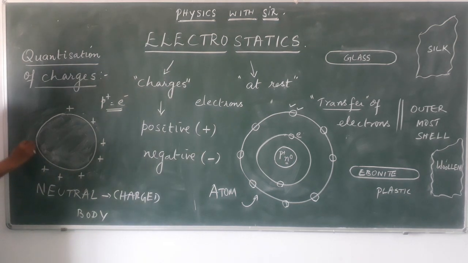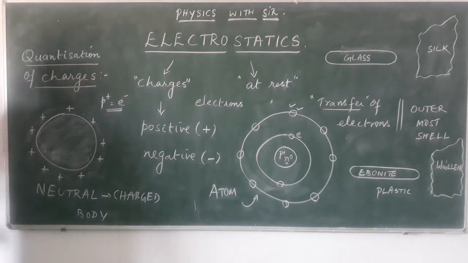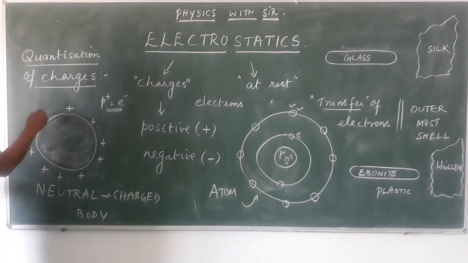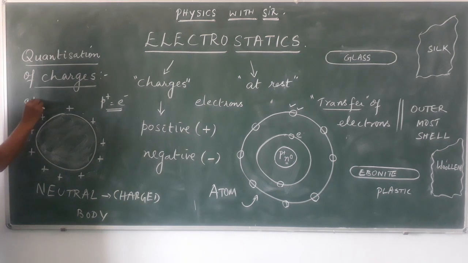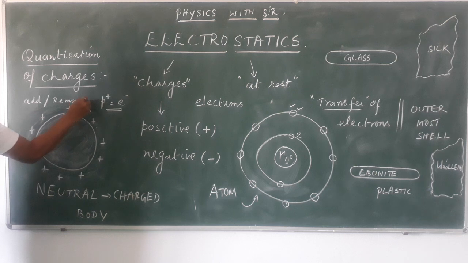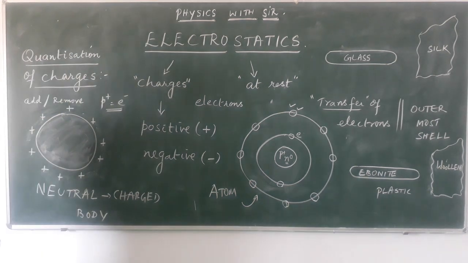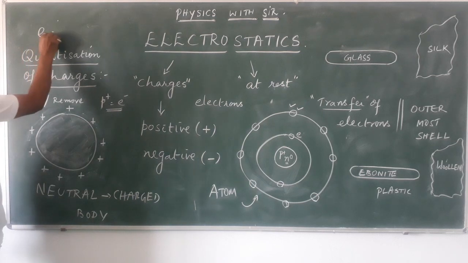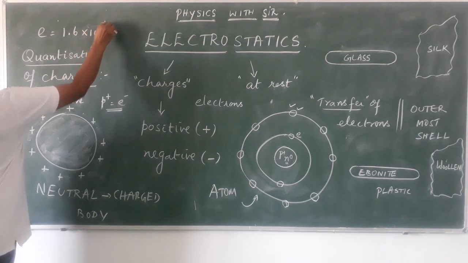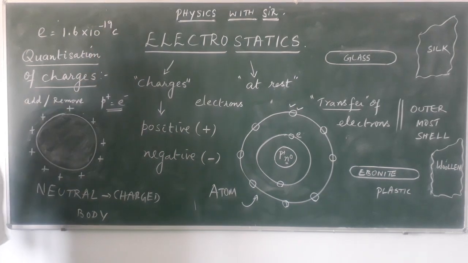So, when we talk about charging of a body, it is only either we add electrons or we remove electrons from the body. So, everything takes place in terms of electrons. The electronic charge is 1.6 into 10 power minus 19 coulomb.